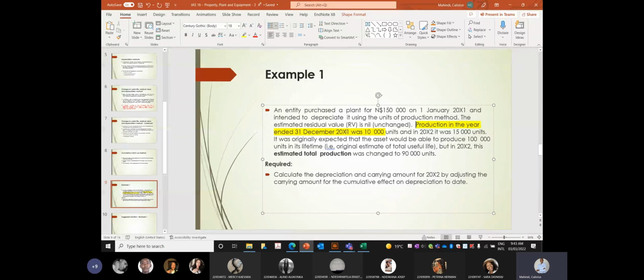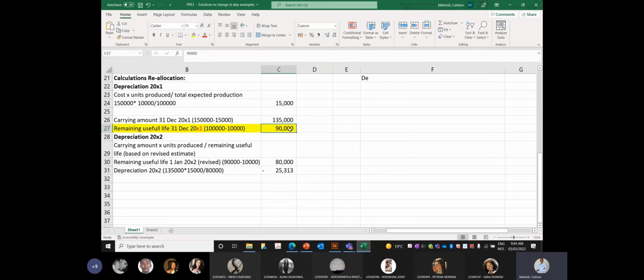To determine that amount, you say the 100,000 units, the total estimated production, minus what was produced in the year, 10,000 units. That is how you arrive at 90,000 units. Those are the remaining units expected to be produced over the remaining useful life. Okay?